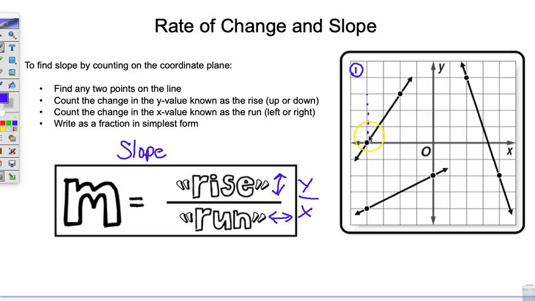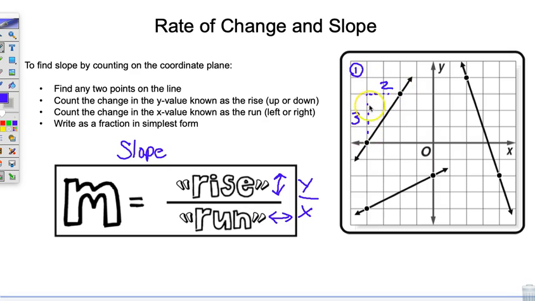As I do that, I'm going to count the number of units that I move. So when I move from here to here, that's 1 unit, 2 units, and 3 units. And since I'm moving up towards positive numbers, that is going to be a positive rise. Once I get here, I have to move over to the right. So when I move over to the right towards this point, I'm moving over 1, 2 units.